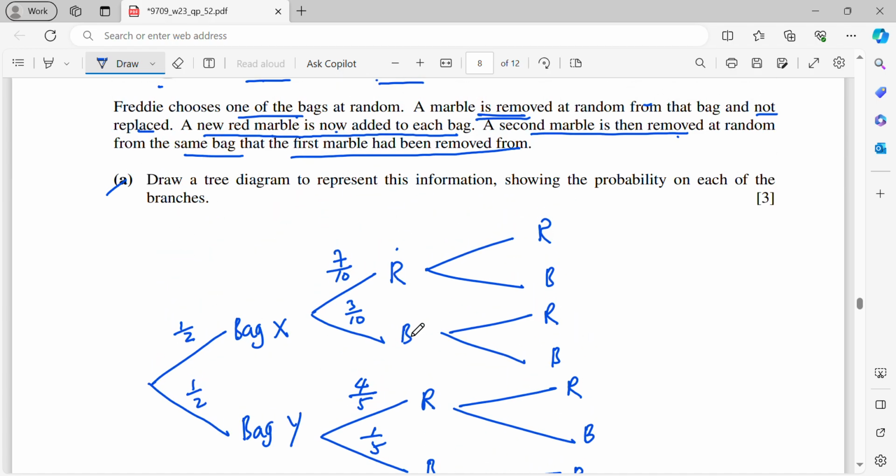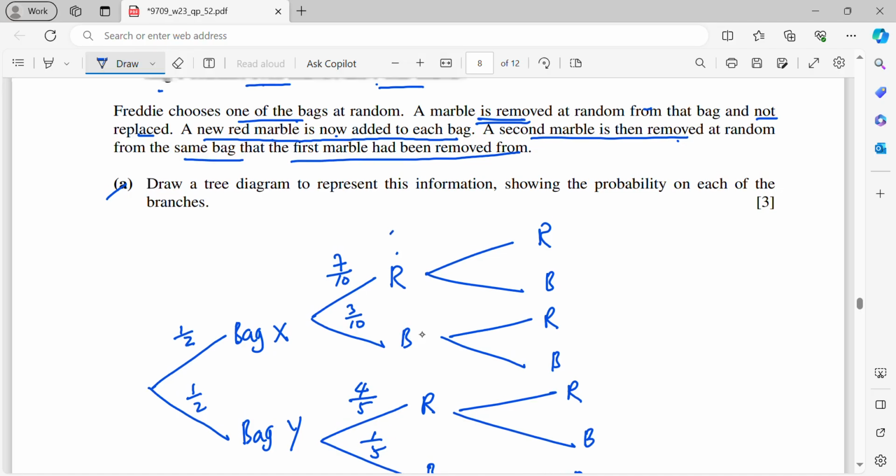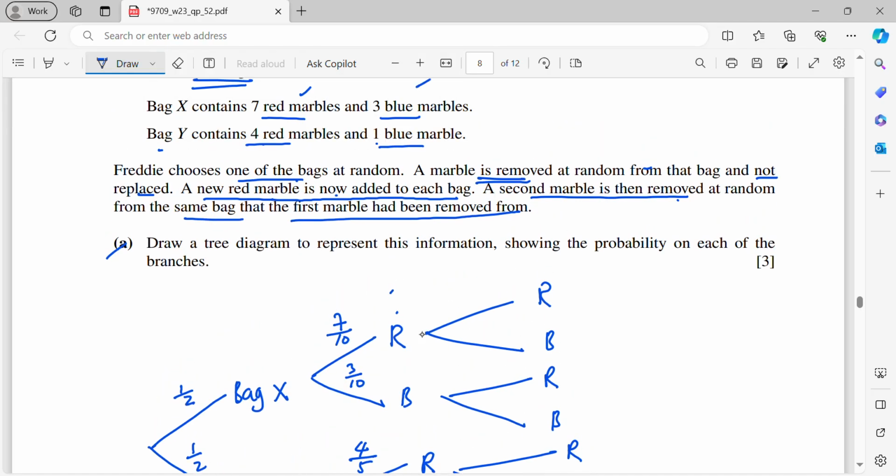Now from the first branch, it means that you have chosen a red marble from the bag X. Then at the same time, a new red marble is added to each bag. So even though you have taken 1 red marble here, supposedly it is reduced by 1, but then since you have added 1 more new red marble, that means it becomes no change. So I will get 7 out of 10 and 3 out of 10.